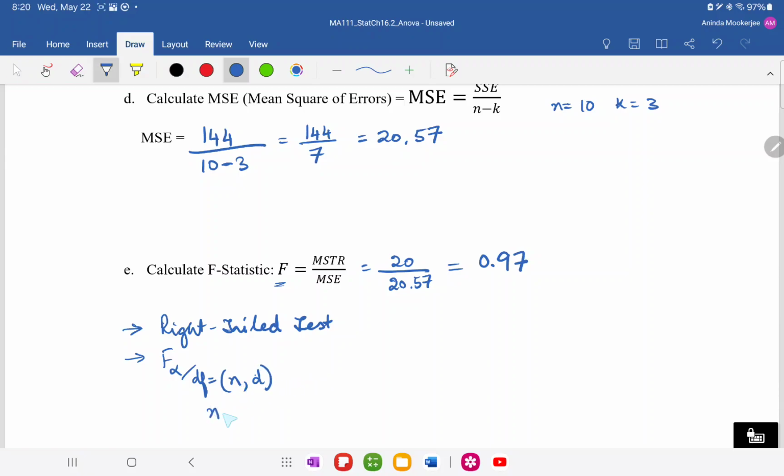The numerator is calculated as k minus 1, that's the formula, so that's 2 in this case. And the denominator is calculated using the formula n minus k, which in this case is 7. This is the denominator df.